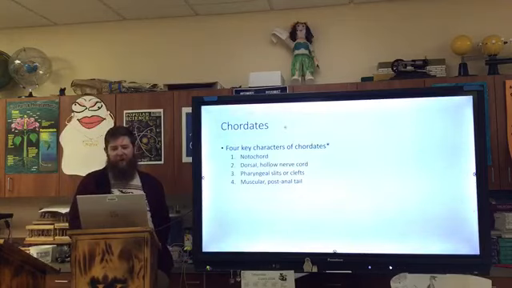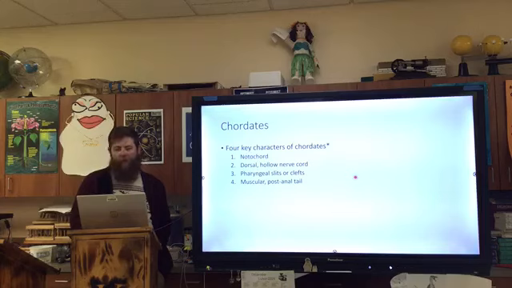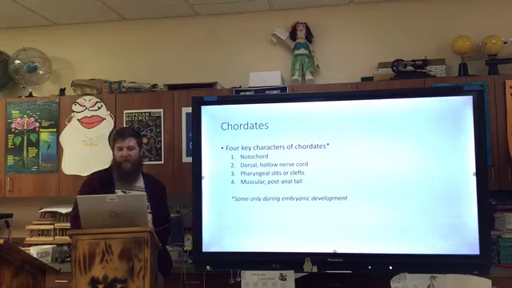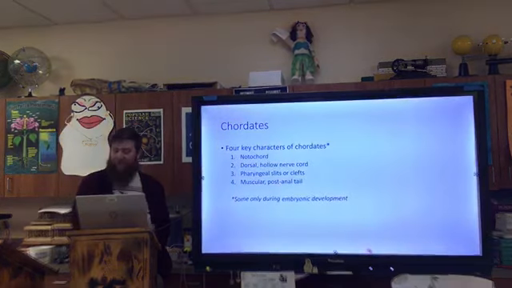They have what we call a notochord. They have a dorsal hollow nerve cord, dorsal meaning back, like a dorsal fin on a shark. They have pharyngeal slits or pharyngeal clefts. And they have a muscular post-anal tail, with an asterisk that sometimes this only happens during embryonic development. It doesn't happen after that.